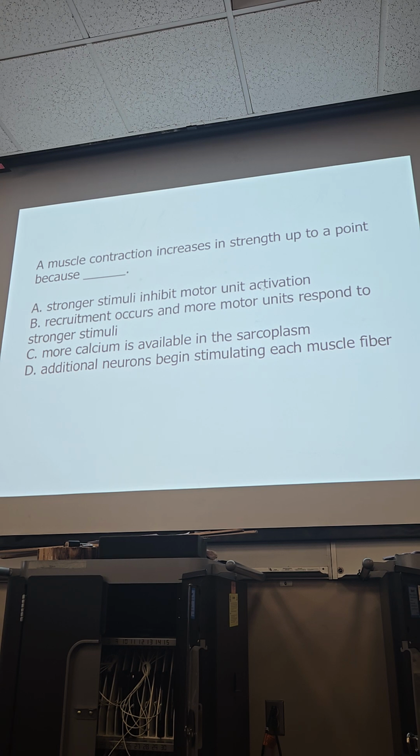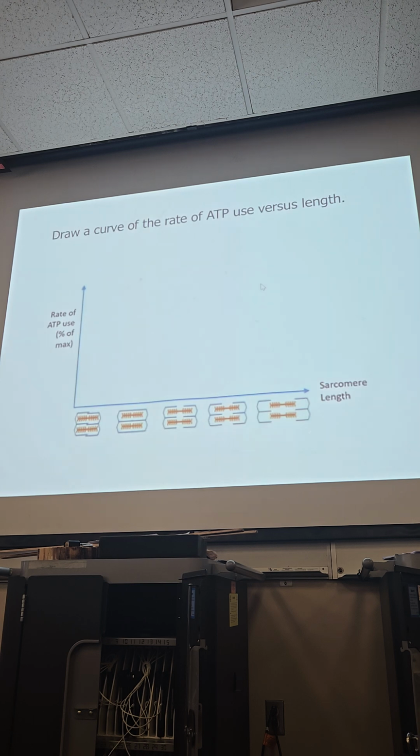Your brain will send an action potential down and recruit so many motor neurons. Pick up a heavy object, you can recruit more of them. Rate of ATP use.